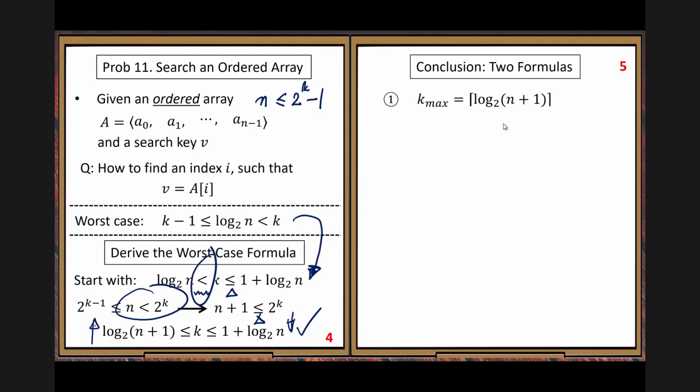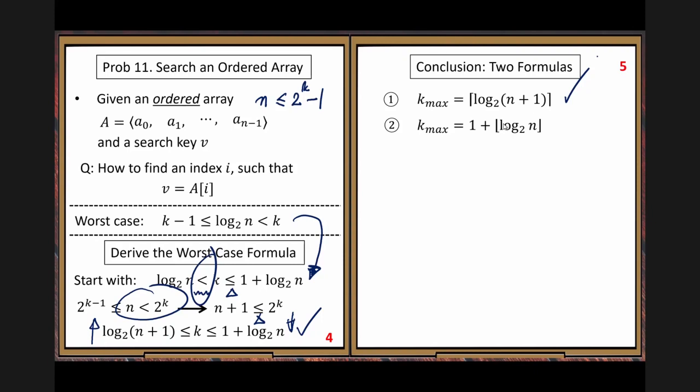So K max equals, if we look from the left-hand side expression and take the ceiling function, the ceiling of log base 2 of (n plus 1). Second expression, K max equals, this time using the right-hand side, 1 plus the floor of log base 2 of n.